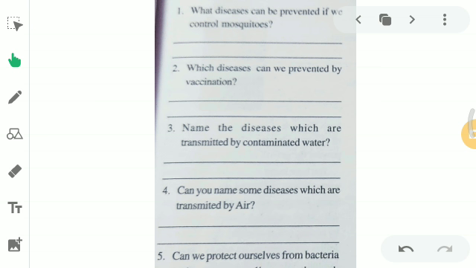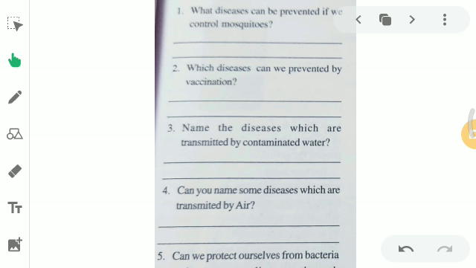So here the question asks about bacterial and protozoan diseases. Is it possible to control protozoan diseases by vaccination? Protozoa cause malaria. Is a vaccine given for it? No. Only the disease caused by bacteria, that is tuberculosis, is controlled by vaccination.